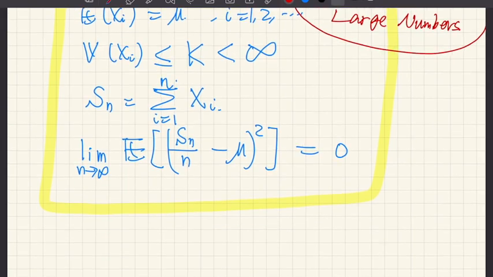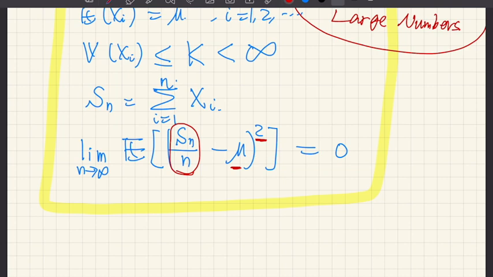So what does this mean? Now this looks like variance, right? Actually, yeah, in a sense it's a variance. It's a squared deviation from some value, and this is the expectation of this quantity, Sn over n. So it is a variance, kind of.